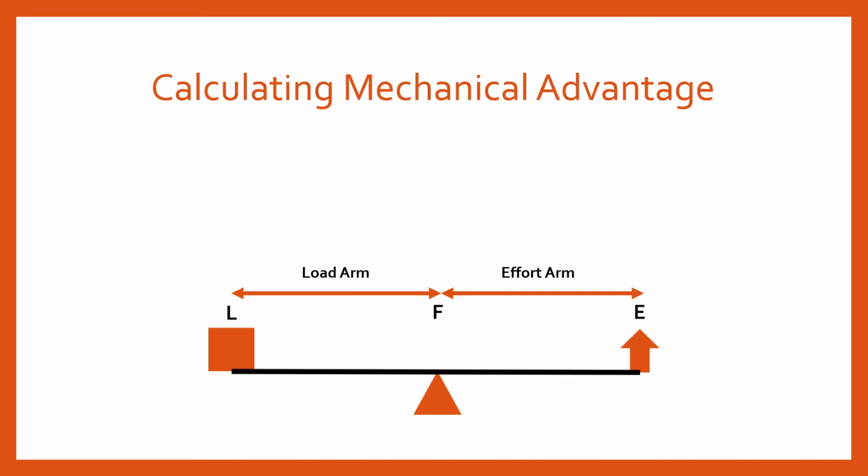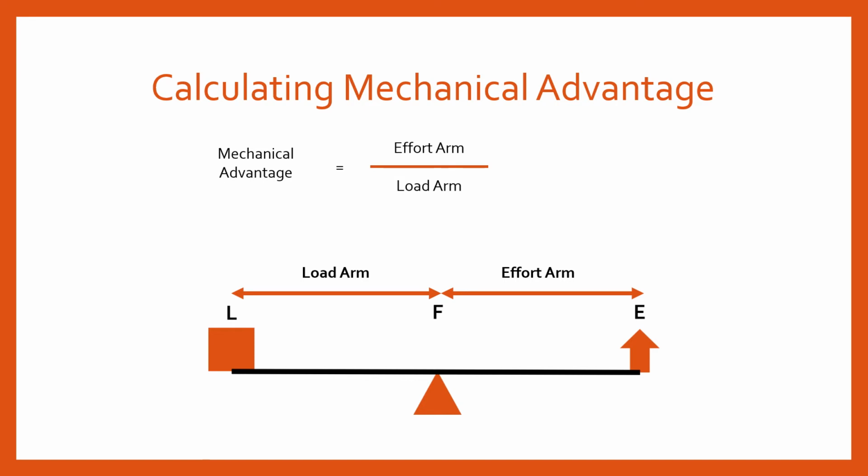So, to calculate mechanical advantage, we need a really simple equation. Mechanical advantage equals the length of the effort arm divided by the length of the load arm. So let me say that again. It's nice and simple. Mechanical advantage of a lever equals the length of the effort arm divided by the length of the load arm.